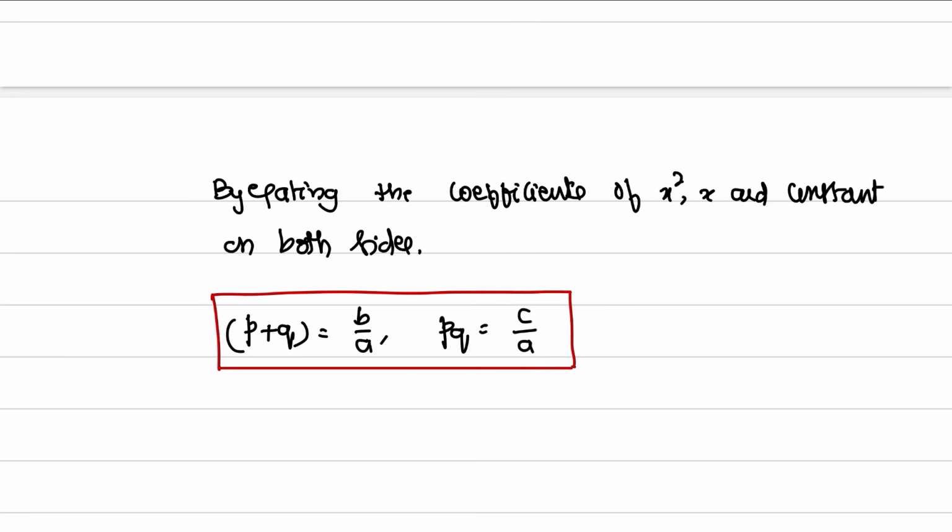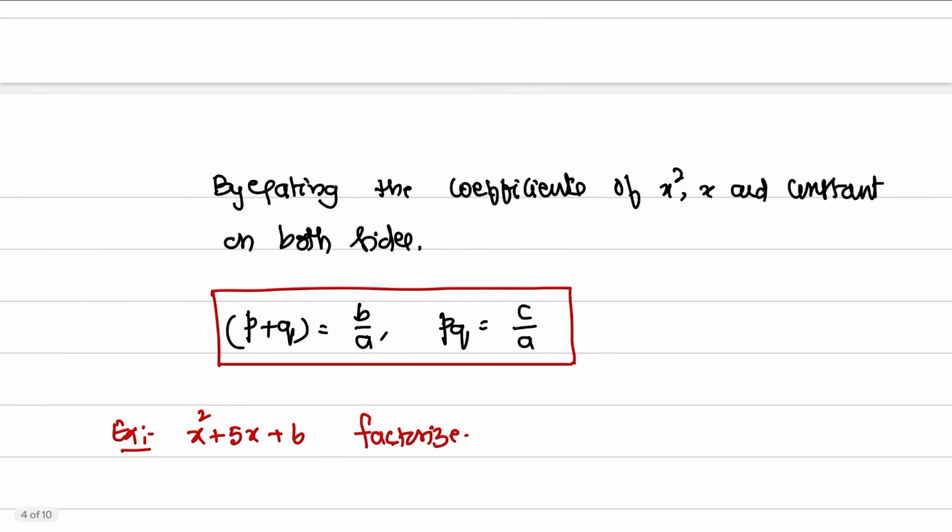How to do it? We will take an example and try to solve it. For example, I will take, this is the procedure, x square plus 5x plus 6. Factorize this. This is an example. Please see.